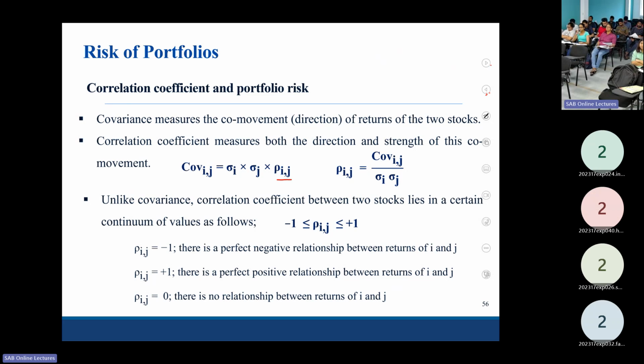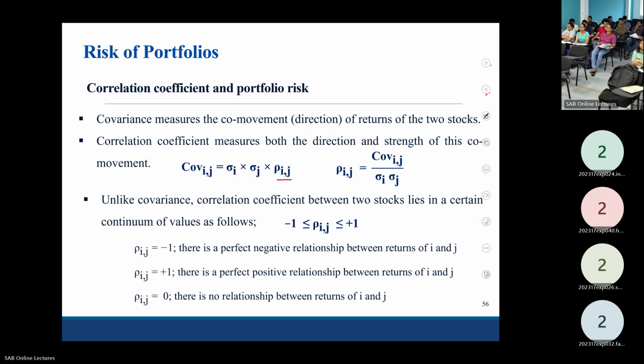So you can rearrange this formula for the correlation coefficient. It is equal to the covariance divided by the standard deviation of stock x times the standard deviation of stock y. If you know the covariance and the standard deviations, you can calculate the correlation coefficient. In our example, you know the standard deviations of stock x and stock y, and we also found the covariance, about minus 10.